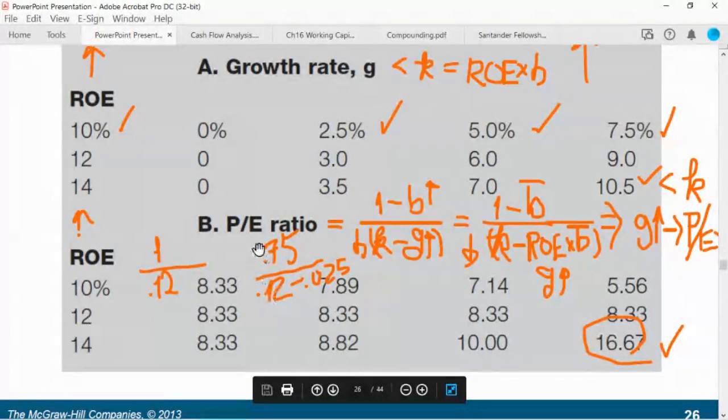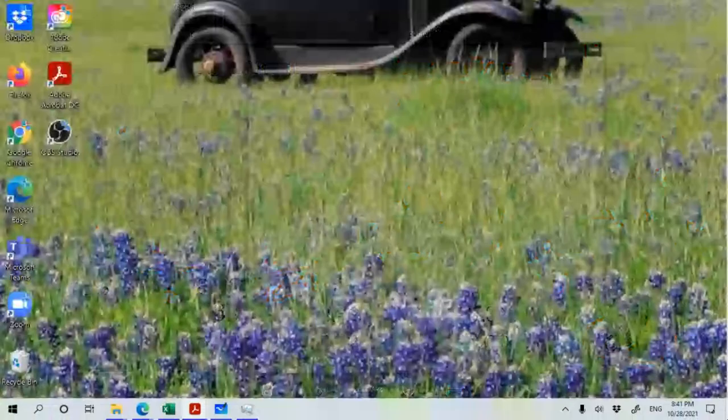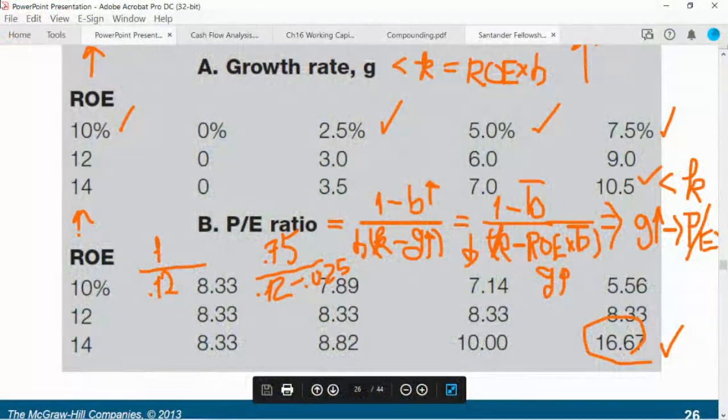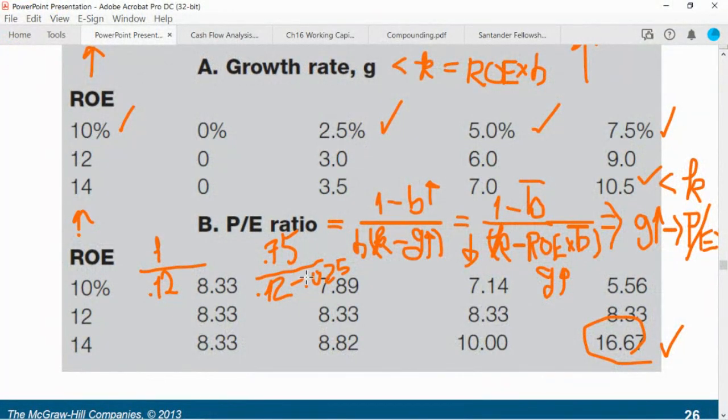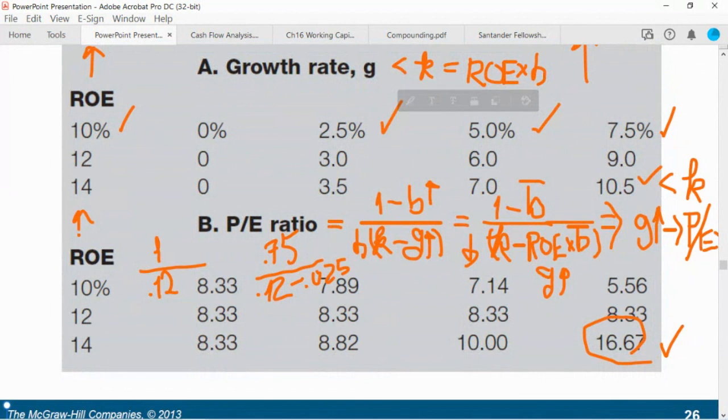But then also, let's think about the P/E ratio. Don't get this equal sign wrong. The equal sign here doesn't mean that's K. It means it's G, but that G is less than K. So let's take a look at the P/E ratio.